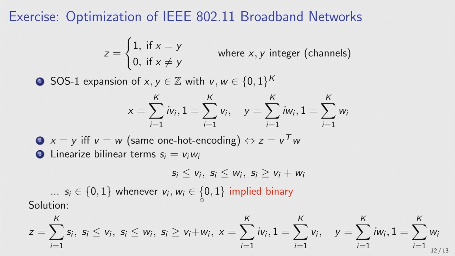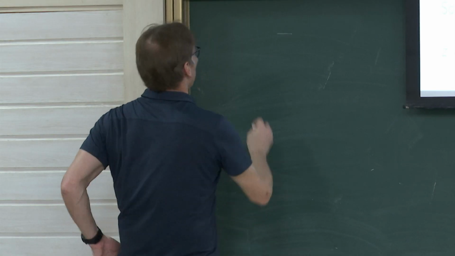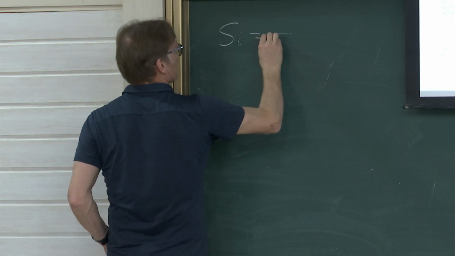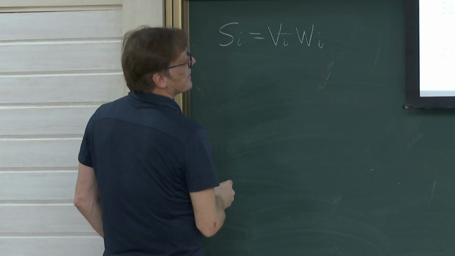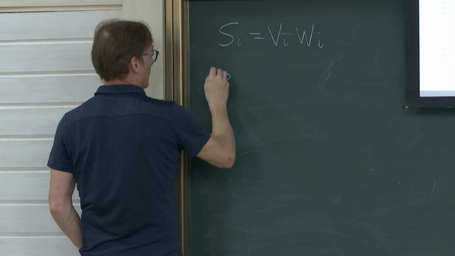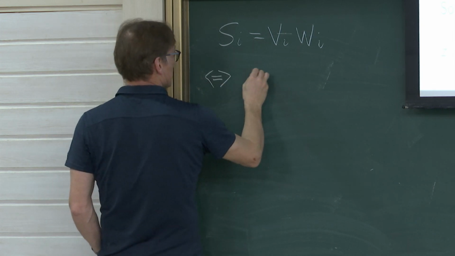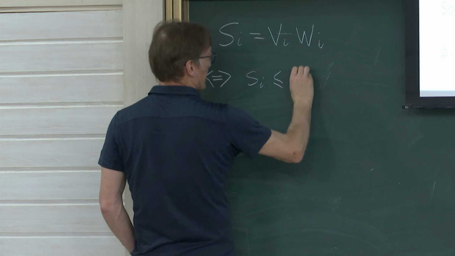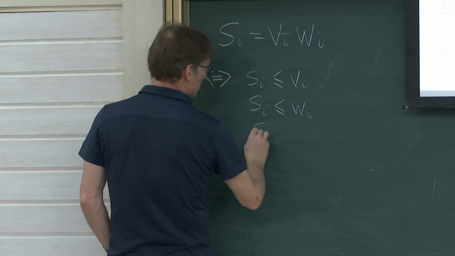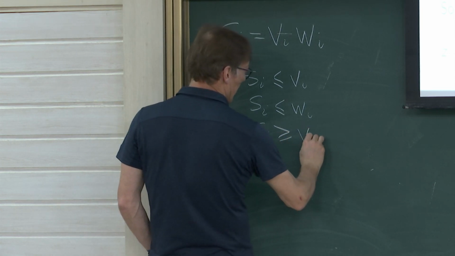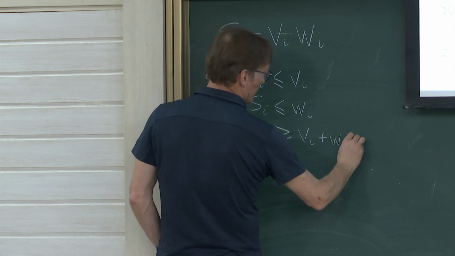I'm going to write it out on the board because I want to make sure we don't copy anything down that's not correct. We don't want mistakes on the slides. So the condition is that I want Si equals Vi times Wi, and that's equivalent, for these binary variables, to saying Si is less than or equal to Vi, Si is less than or equal to Wi, and Si is greater than or equal to Vi plus Wi minus 1.